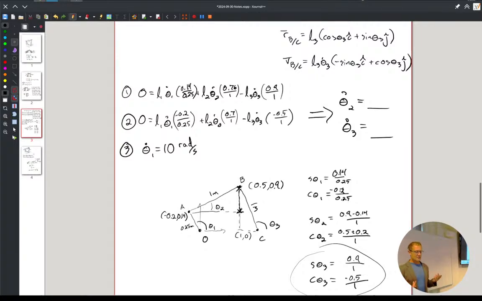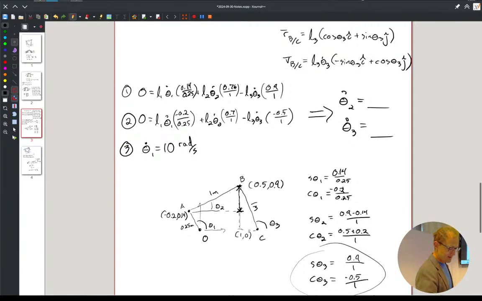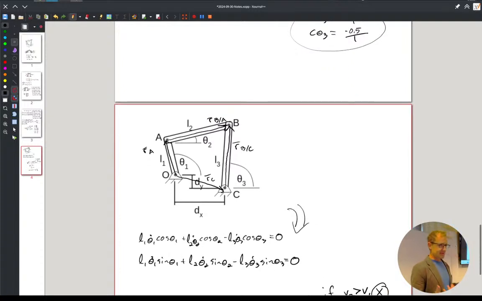So when I say theta 2 dot, what is that describing here? The rate. Yeah, how much it's moving around. Theta 3, how much it's moving around.